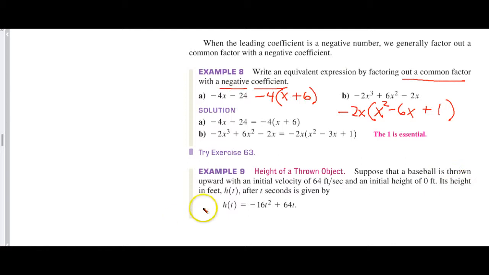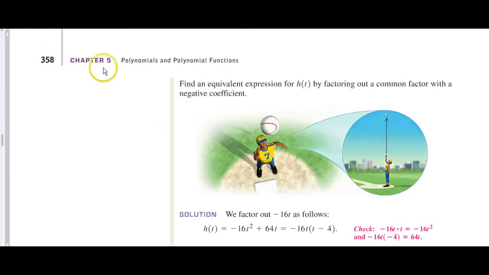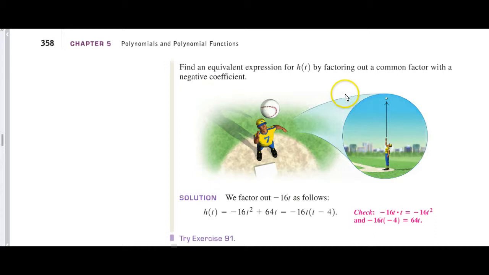Its height in feet after t seconds is given by this function. Okay, let's see what they want us to say about this. It's on the next page. So there's a picture. They're throwing up, did I say a basketball? It's a baseball, looks like.